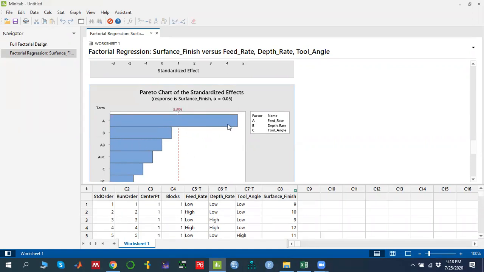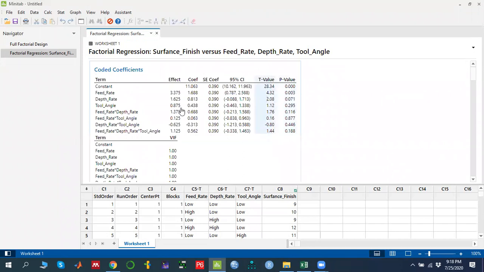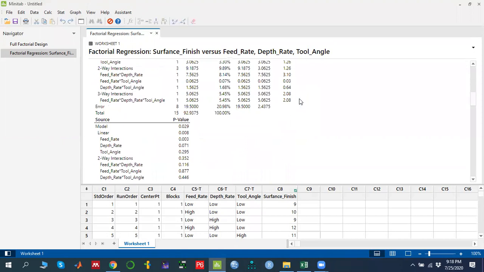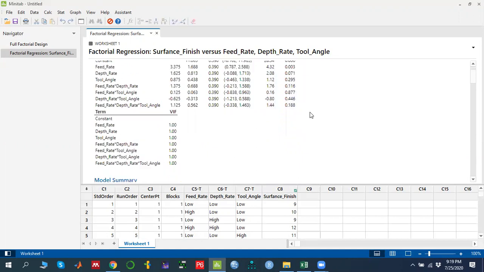But again, as we can see from the Pareto chart, as well as from the coded coefficients and from ANOVA, it might be possible that the depth rate can be a significant factor, or that if I remove the three-factor interaction, this particular factor might become significant, or it might be possible that another factor could be the significant factor.